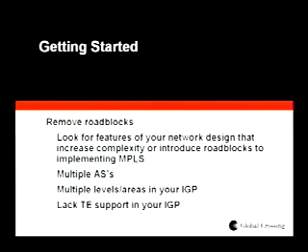Stuff like multiple ASs will require you to have the inter-AS MPLS features enabled and working in order to do a wide-scale deployment. Multiple levels or areas, stubs in your IGP will make it more difficult, requiring some LDP work. And lack of TE support in your IGP would be good too. So if you're using RIP, you might want to upgrade.